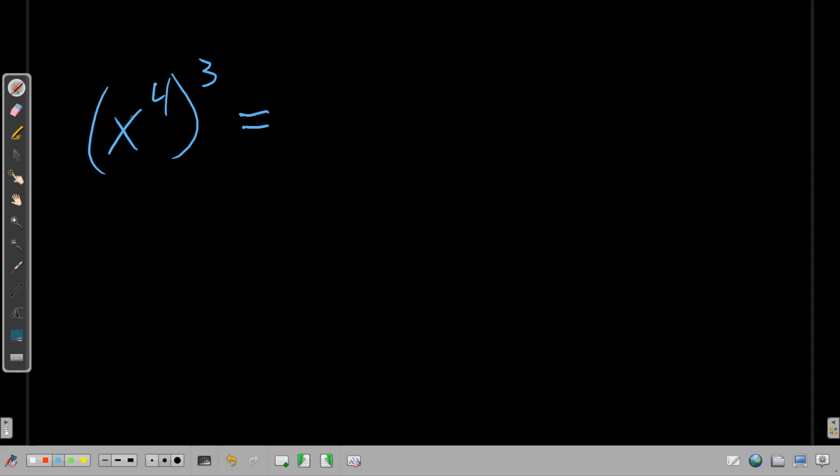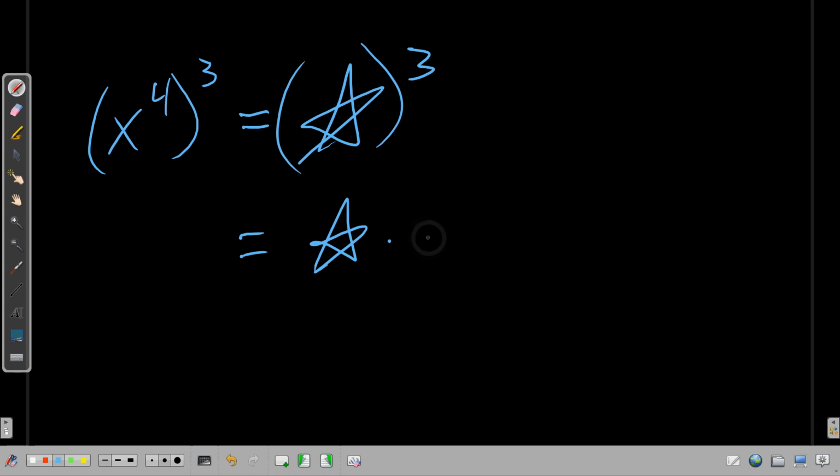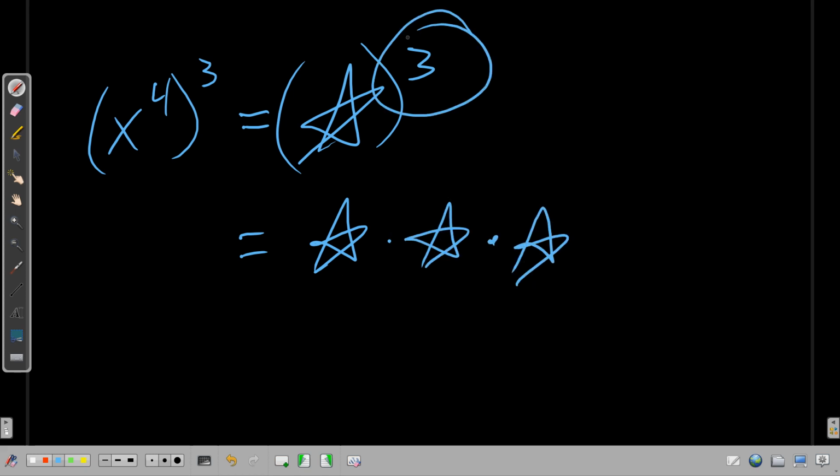Well, what we know here, if I forget about all these extra symbols in here, just pretend for a moment it says this. Then this would just be star times star times star, because there's 3 of them, because of the 3 in this exponent. Okay, well that sort of tells me what I should be writing.